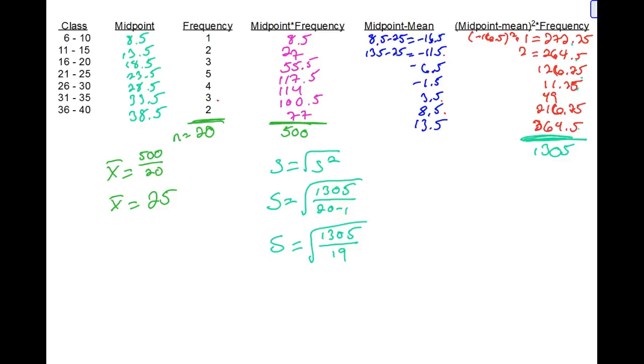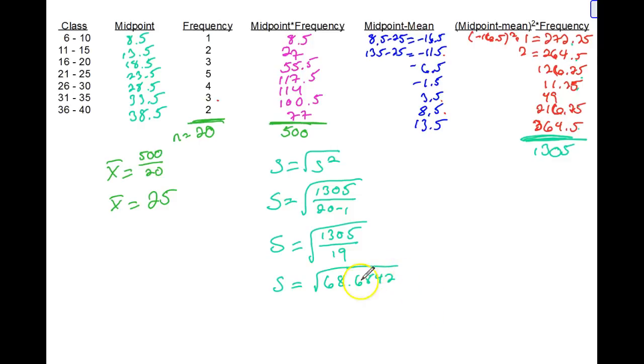This is again where we want to leave it in our calculator because we do not want to do any rounding. So we're going to do a couple of things. Depends on how you want to do it. You can go ahead and put in the square root symbol, which is that second x squared button. Or you can calculate this and then take the square root of it. Either way, if you calculate what's inside first, you'll get 68.6842 with some other numbers.